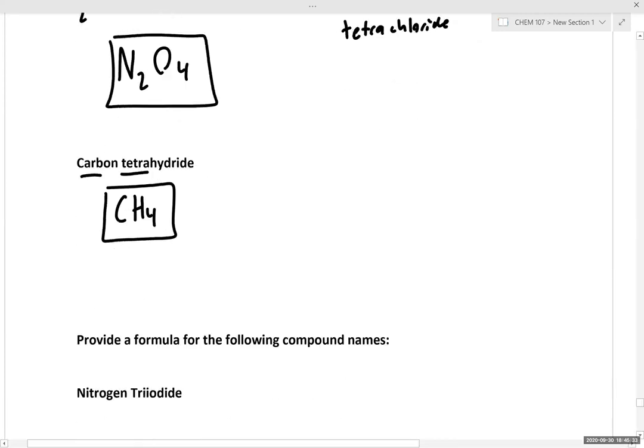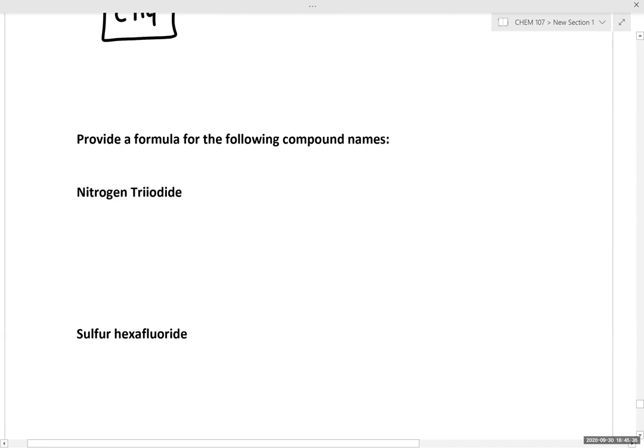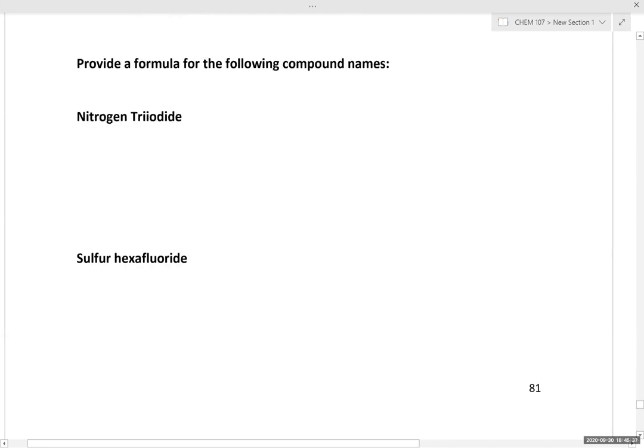Okay, so I'd like you now to provide a formula for the following compound names. And let's spend about 2 to 3 minutes on this example, and then we'll discuss.